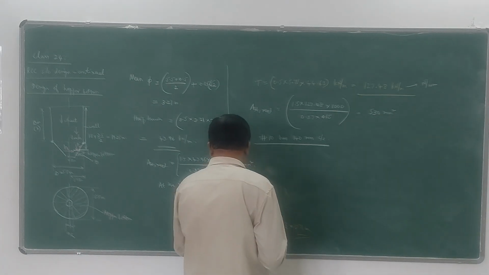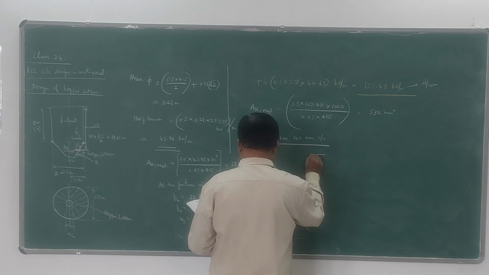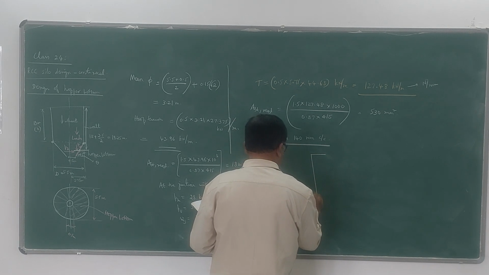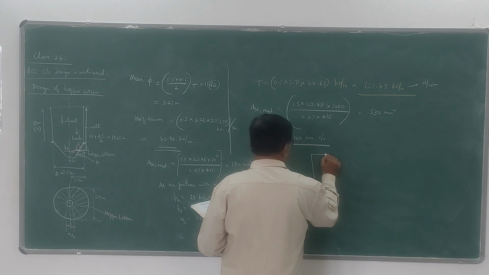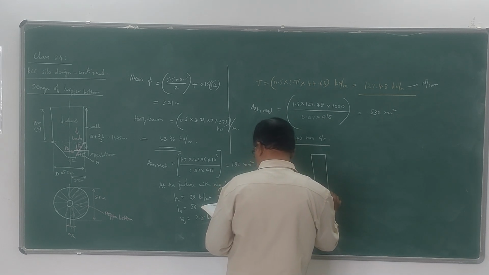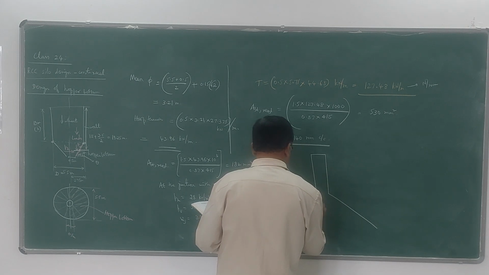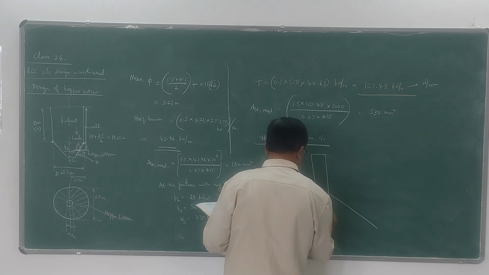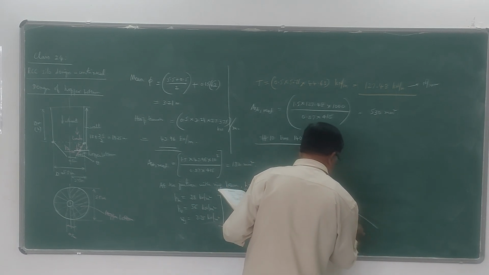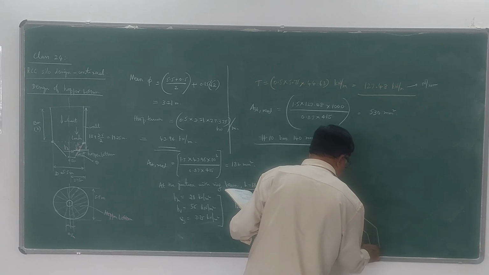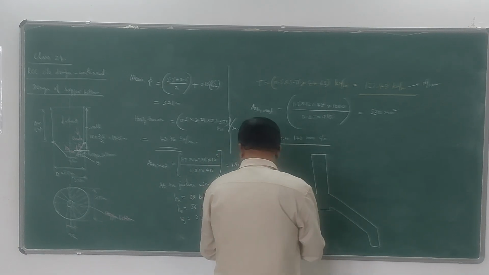And lastly, you can draw the sketch of reinforcement. So like this. This is the wall portion and this is the hopper bottom portion. You can have the diagram like this. Half of the diagram we can show because it is symmetric.